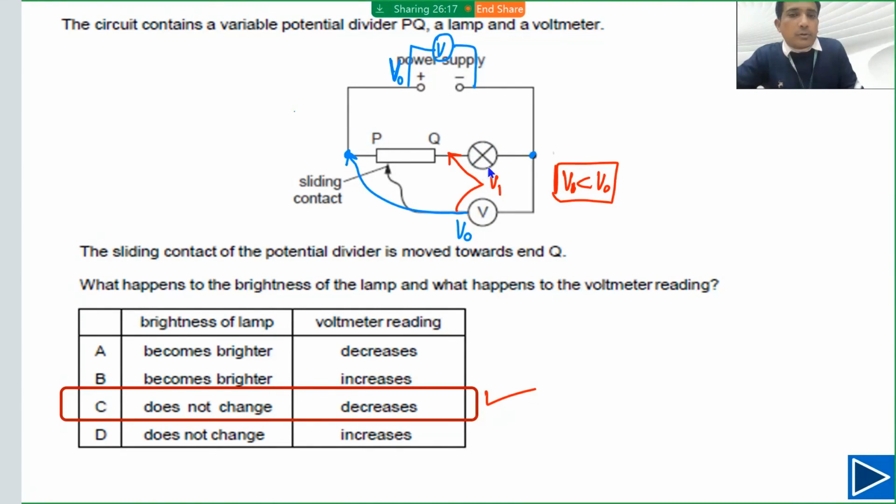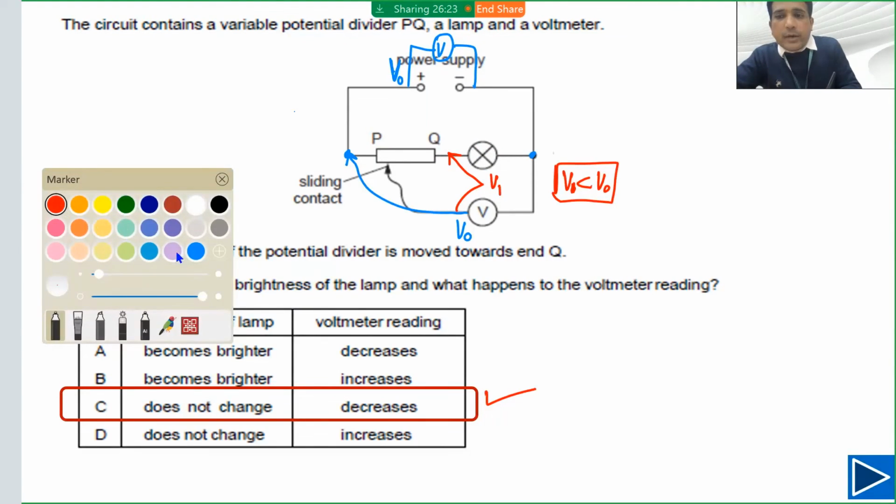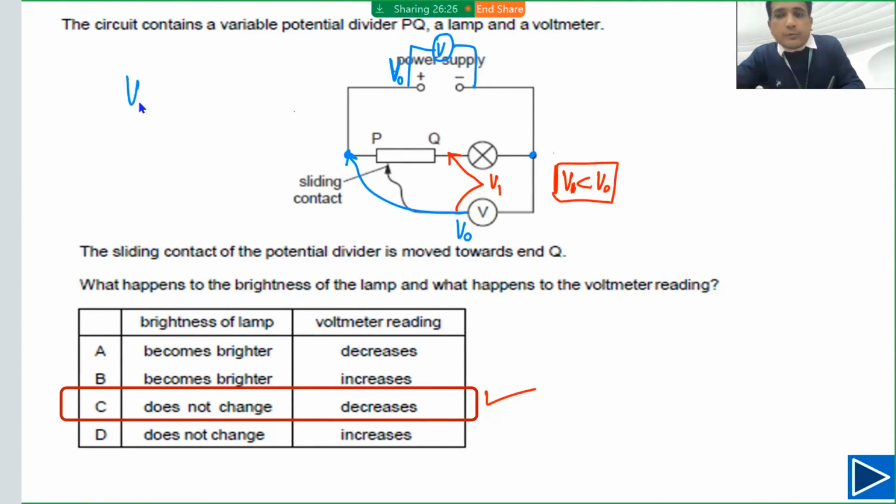And how about the potential difference across the light bulb? If I connect a voltmeter here, this one is V1, and let's say this one is VB. So V0 has to be equal to V1 plus VB, and V0 is constant.